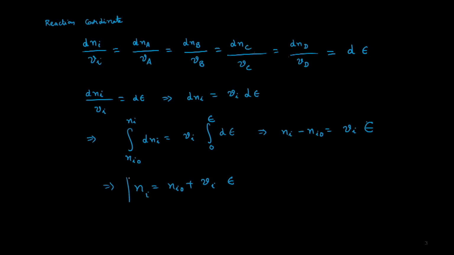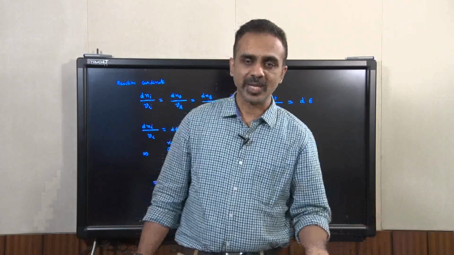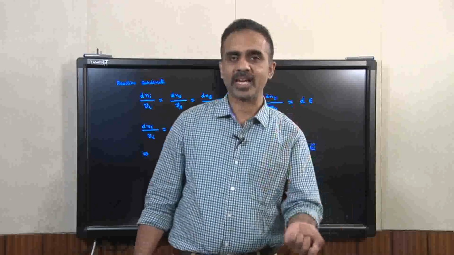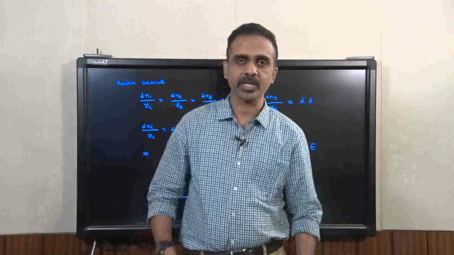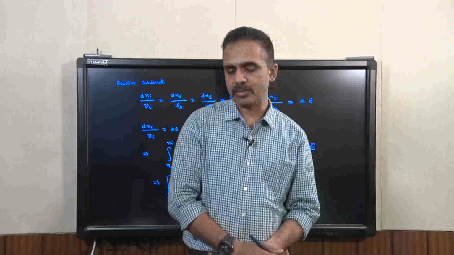This is Ni. So the final number of moles, for each of the species, is going to be related to the initial number of moles Ni naught and the reaction coordinate epsilon. So the only thing I need to calculate the final number of moles present during a reaction is simply the reaction coordinate, of course, in addition to the initial number of moles we have taken for that particular reaction.